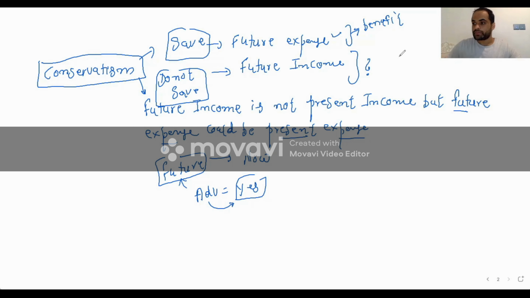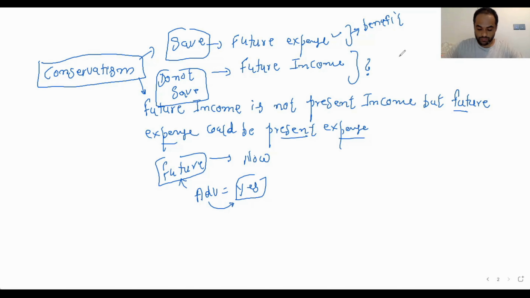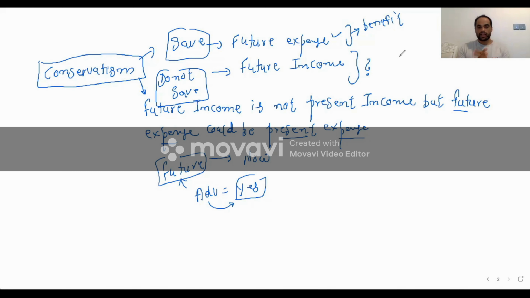Did you understand that? Yes. Okay. So if you understand, that's all for this constraint, which is conservatism. So your constraints are finished.